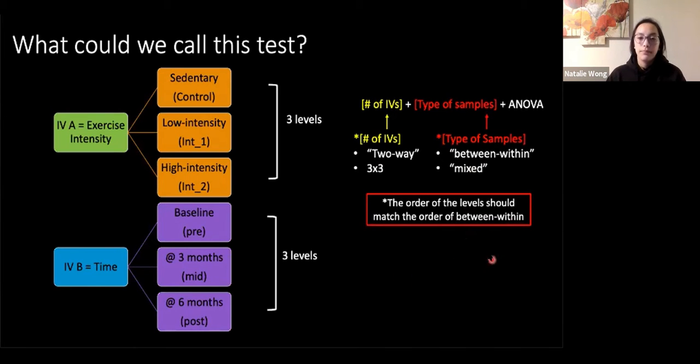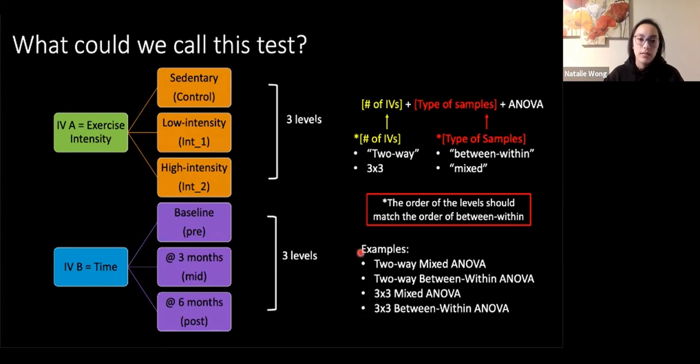So let's say that instead of looking at the sedentary control group, we ended up just having a low intensity and a high intensity group, which would just mean we have 2 levels of the between subject variable, but we still keep 3 measurements for everybody. So that would end up being a 2x3 between within. The 2 levels would indicate the between subject factor. The 3 levels would indicate the within subject factor. So the order in these ones do matter.